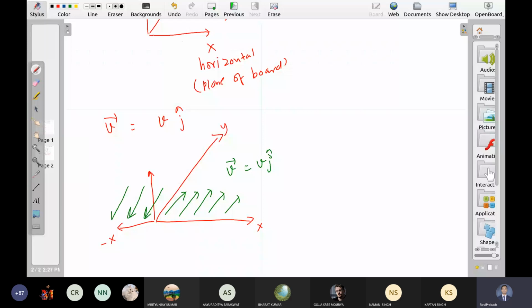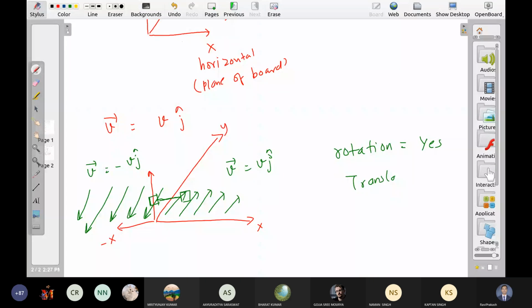Let us say I put a pedal wheel like this, one side on this side and one side on this. Will it rotate? Anyway, we are ignoring translation, so don't worry about the translation part.